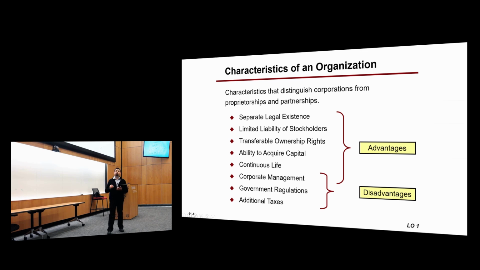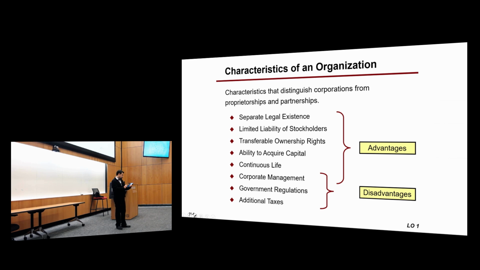On the other hand, with corporations, the owners, who are the shareholders and stockholders, have liability limited to their investment in the company. So the worst thing that can happen is that they lose their investment. The creditors will not come after their personal assets.